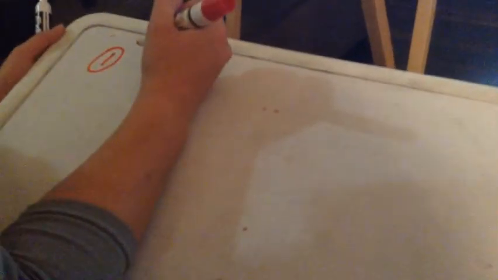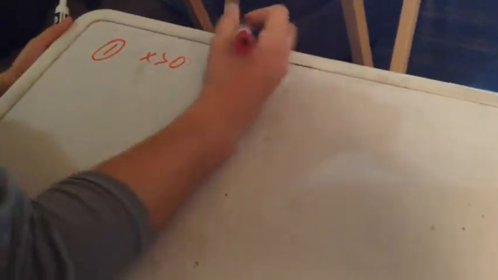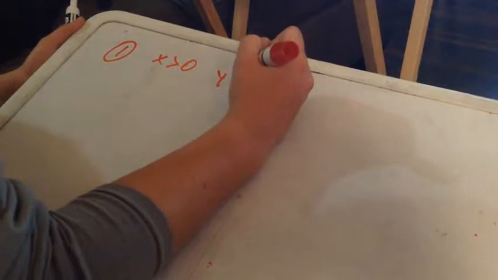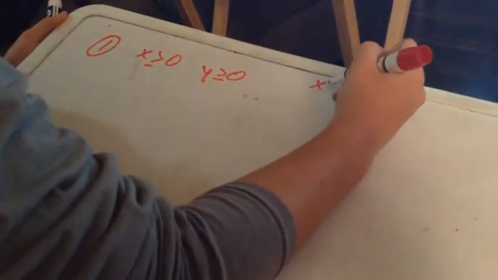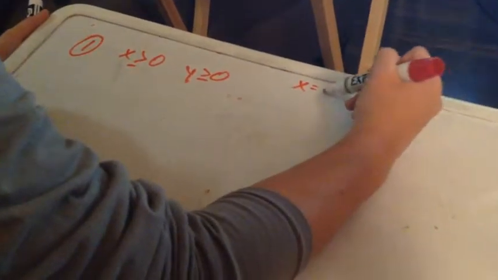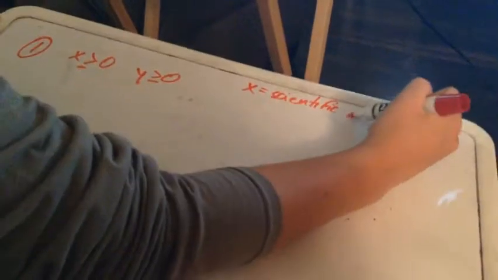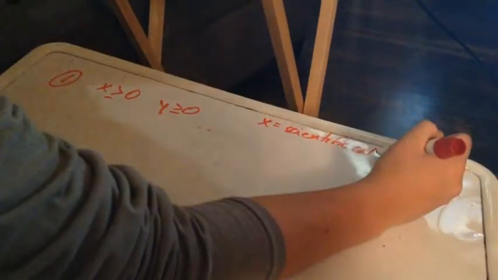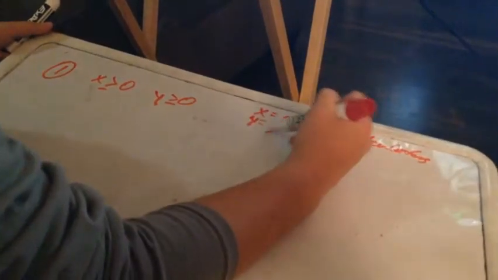Looking at our problem, you are going to have x and y, where x is going to be our number of scientific calculators, and y will be our graphing.